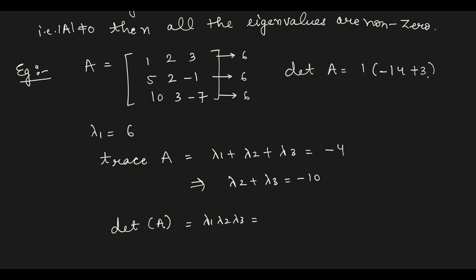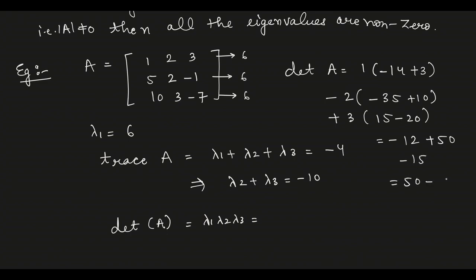Minus 14 plus 3 minus 2 minus 35 plus 10, 15 minus 20, minus 12, minus 25 minus 2 minus 2 plus 50, minus 5 into 3 minus 15, 50 minus 27, 23. So lambda 2 lambda 3 is 23 by 6.